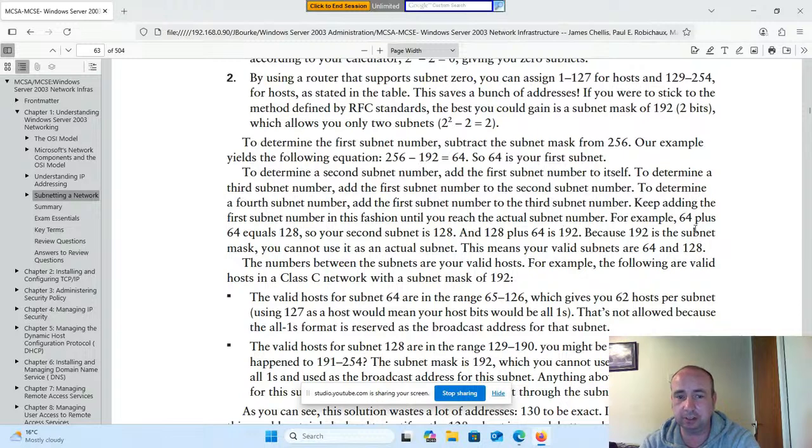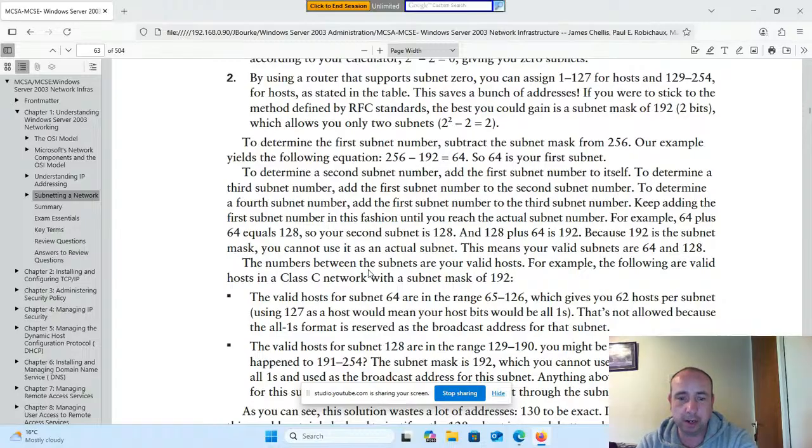For example, 64 plus 64 is 128, so your second subnet is 128. Add 128 plus 64 is 192, and because 192 is the subnet mask, you cannot use it as an actual subnet. This means your valid subnets are 64 and 128.